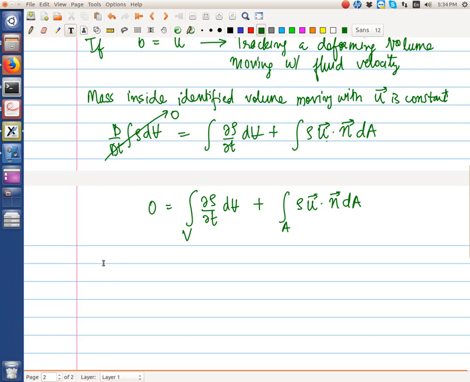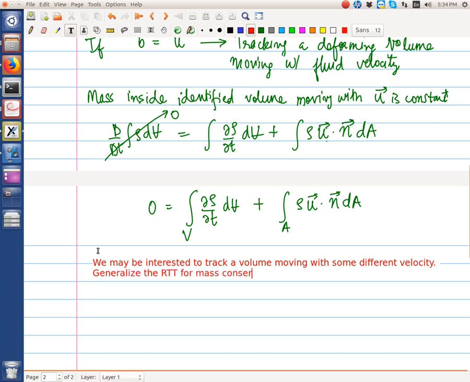However, we are often interested in not tracking the fluid with the fluid velocity. In this case, it is easier to generalize the RTT for mass conservation.